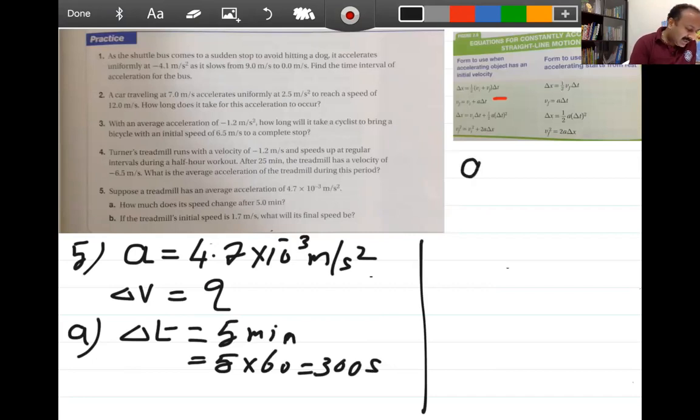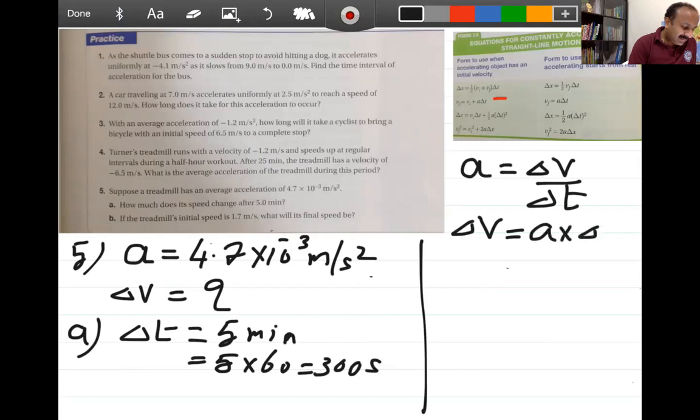So that equation is A is equal to delta V over delta T, okay? A is change in velocity over time. That is actually Vf minus Vi over delta T, okay? Here we are just looking at delta V, so delta V will be equal to A times delta T. So just take the product.